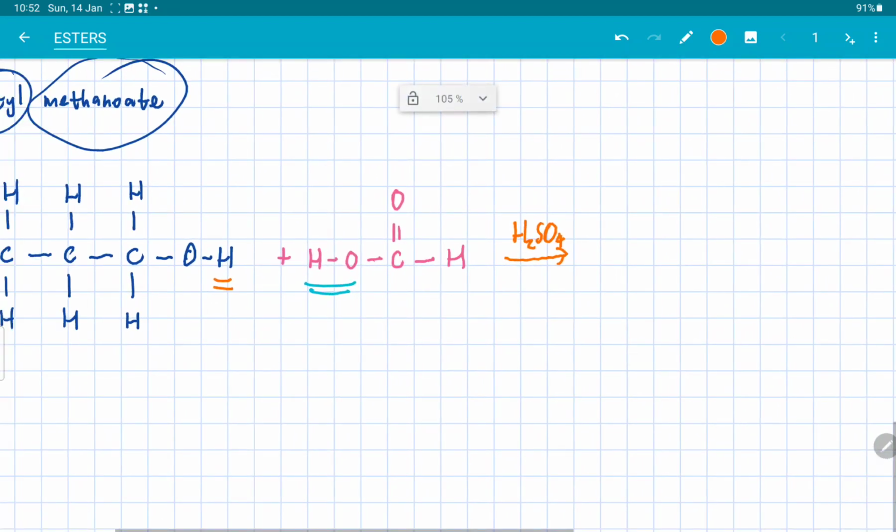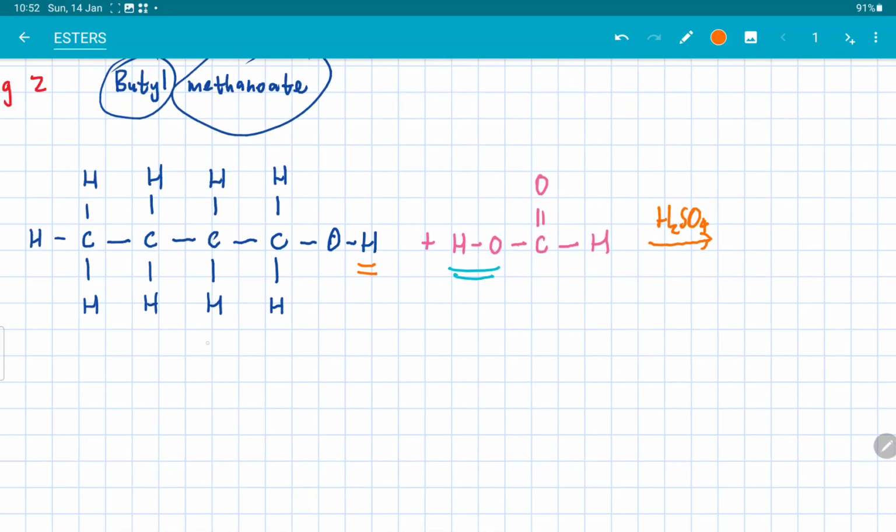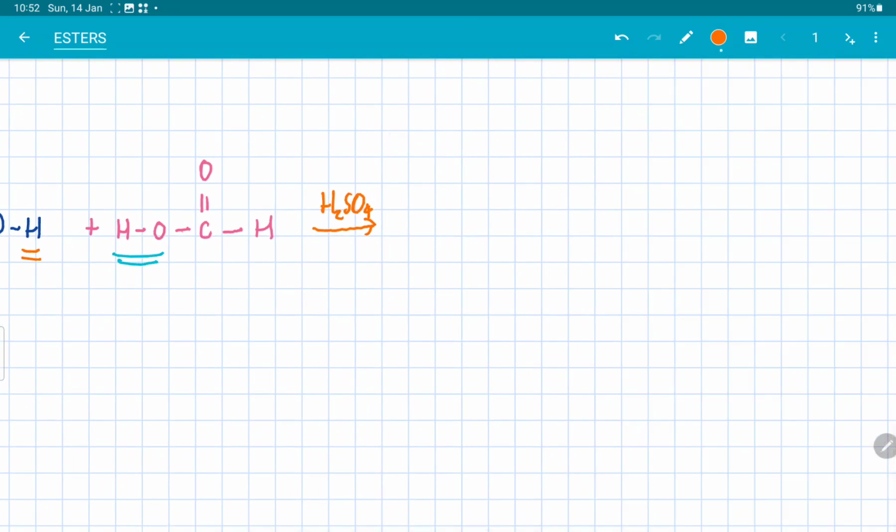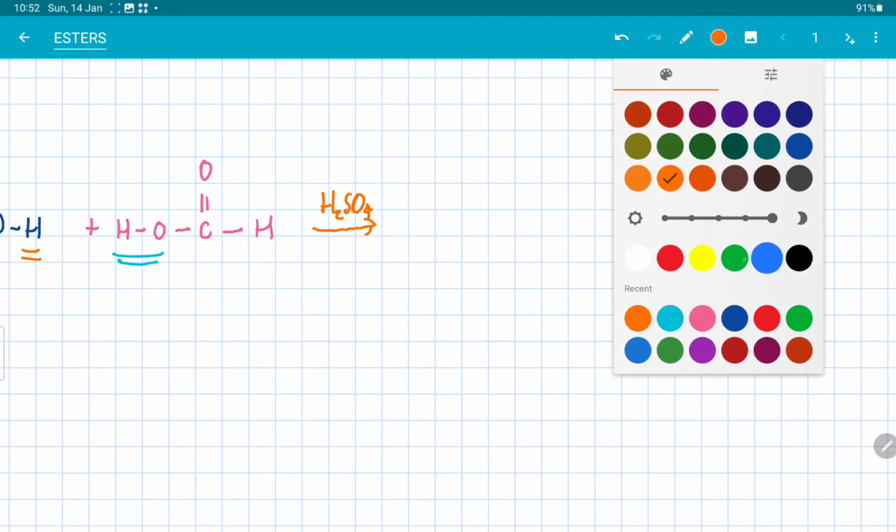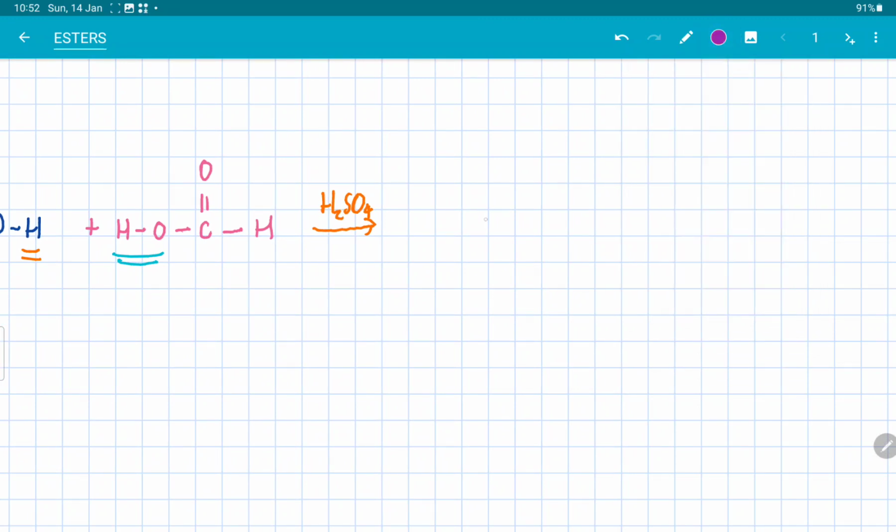Now resulting in butyl. This butyl goes with the O here. So the butyl with an oxygen, so that's going to be 1, 2, 3, 4.